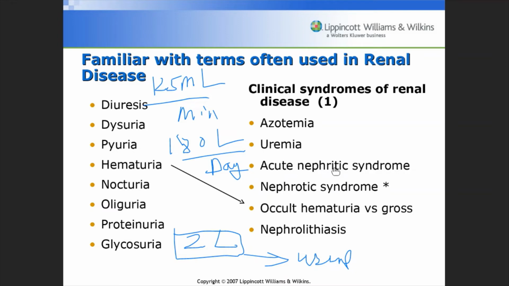Nephrotic, so the difference between nephritic and nephrotic is that nephritic typically has occult hematuria, right? And in my questions to you in the future, be prepared to distinguish between nephritic and nephrotic.